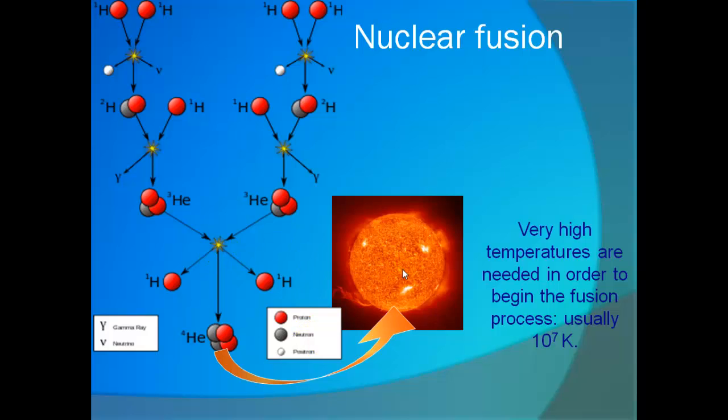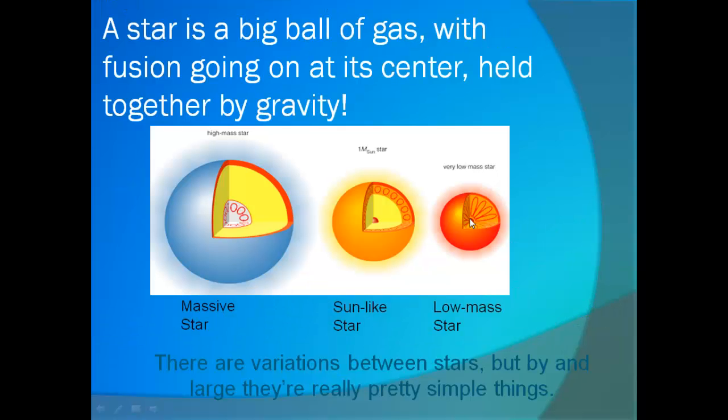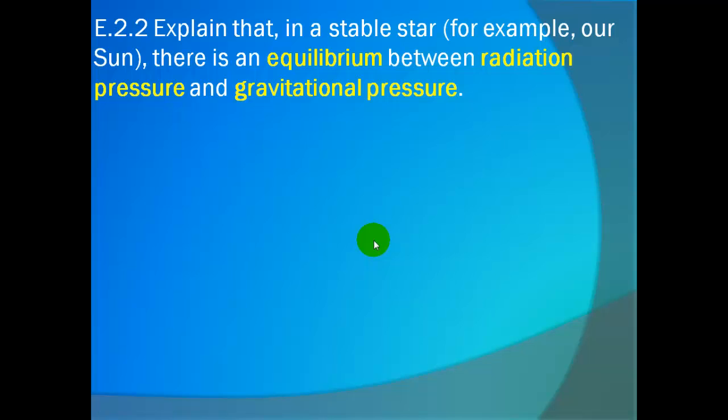So a star basically has a core which is hydrogen burning, and outside of that is hot hydrogen, but it is not high enough in temperature for fusion to take place. As I said before, in a stable star there's an equilibrium between radiation pressure and gravitational pressure. So this is the star. We have gravitational pressure.